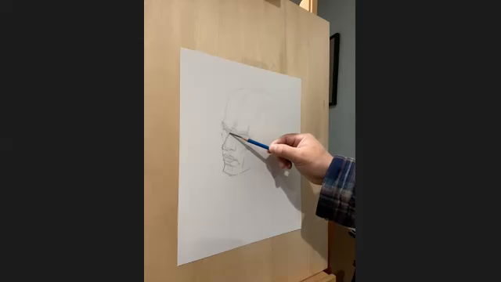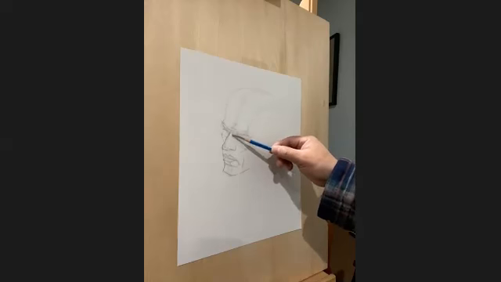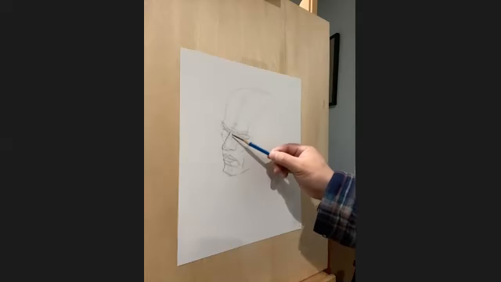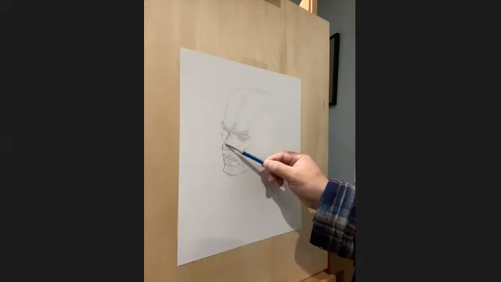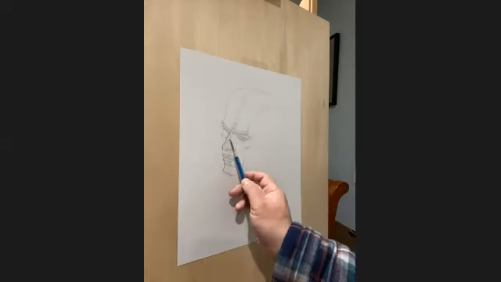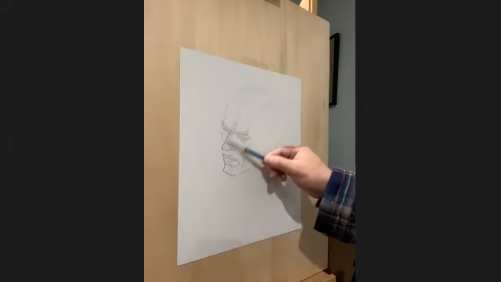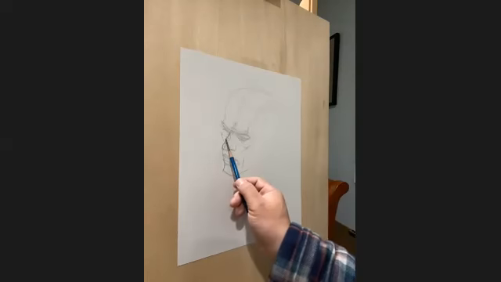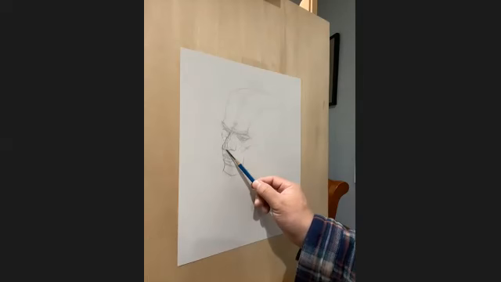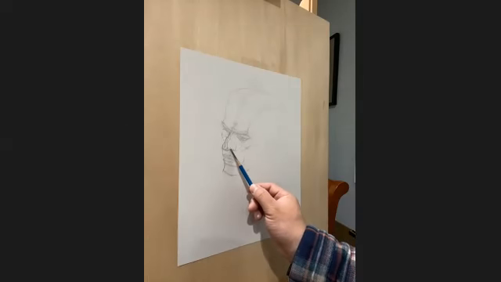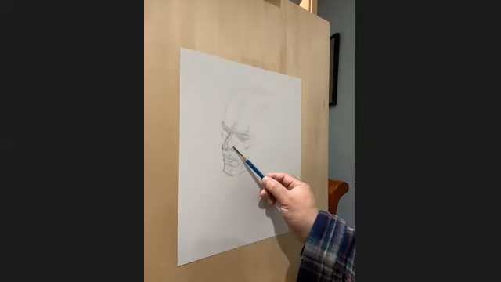We need to draw it in a more structural way. And for each section of this structure, you need to check the left side and right side. You can draw a center line and check both sides so that your nose will look like it has a solid structure.